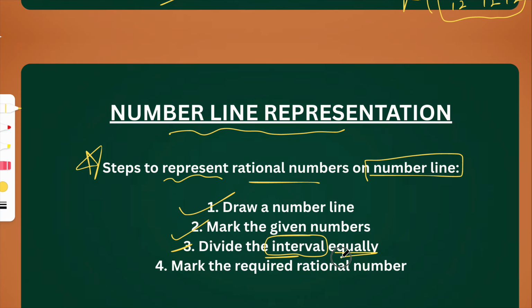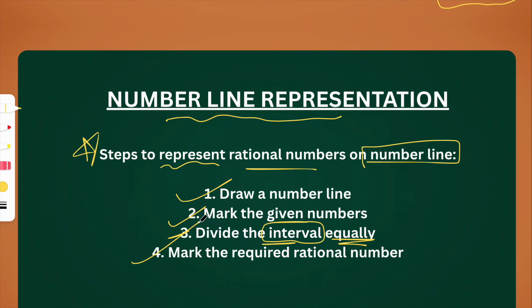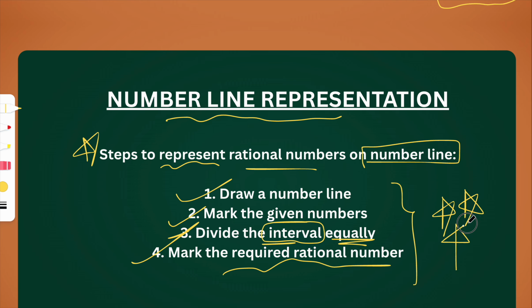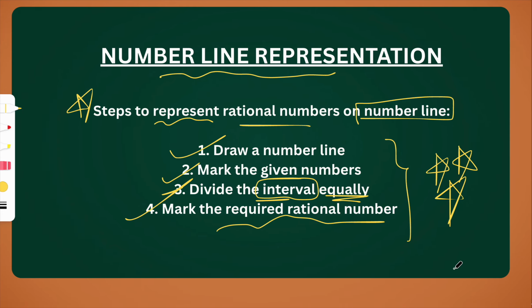Then mark the required rational numbers. So these are the 4 steps of representing a rational number on a number line.